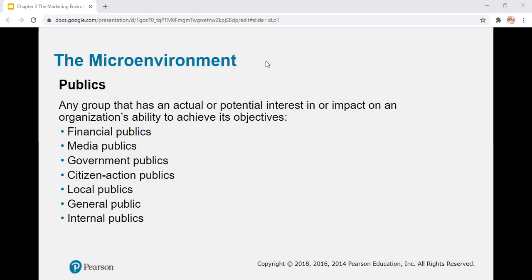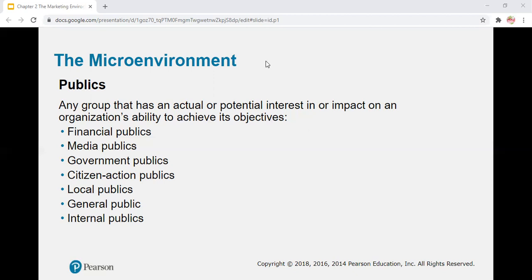Now, the general public: a company needs to be concerned about the general public's attitude toward its products and activities. Now, internal publics: this group includes workers, managers, volunteers, and the board of directors. So a company can prepare marketing plans for these major publics as well as for its customer markets.